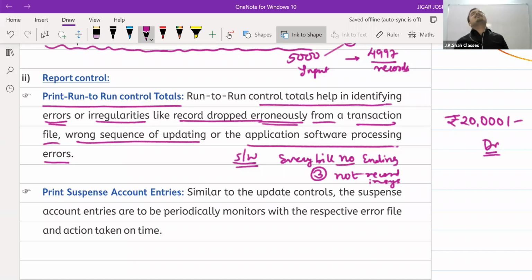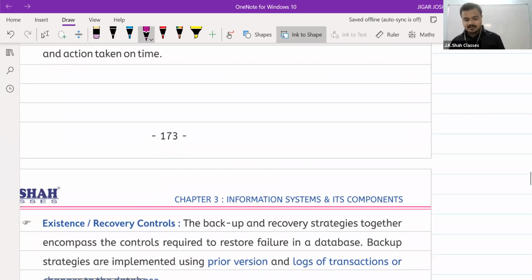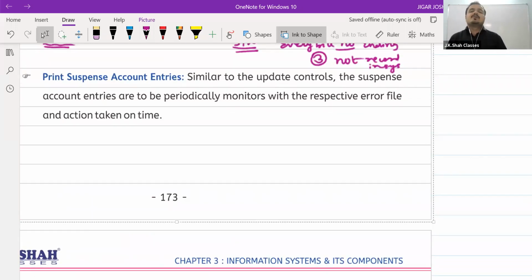When he enters 21 to 30, 23 will not be recorded. From 31 to 40, 33 will not be recorded. So like this 3, 13, 23, 33, 43, 53 will not be recorded. But people, that is called what? Sir, application software processing errors. Understood? Yes, sir.